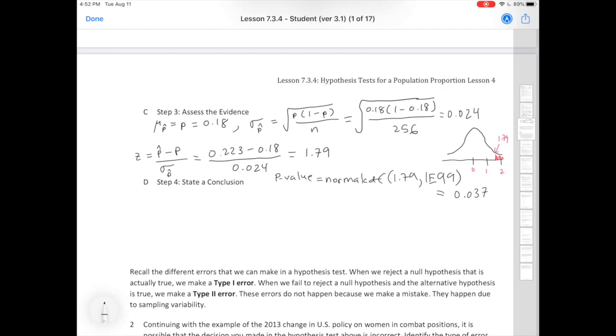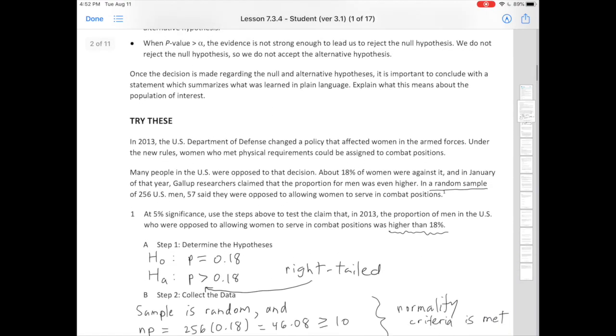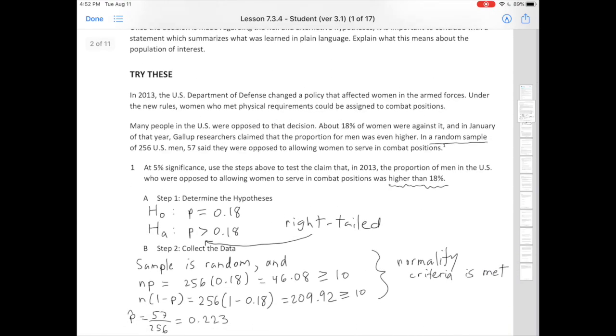So we need to state a conclusion, but before I do that, I just want to compare this to alpha, because remember, we're not going to be able to reach a conclusion unless we decide if this is a small enough p-value to be statistically significant. So let's remember what the significance level was. It says at 5% significance, right? The problem was.